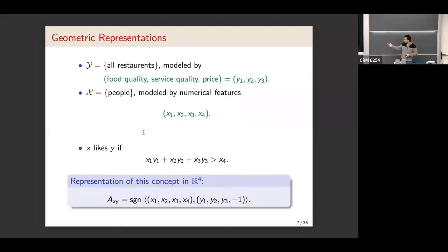Now exactly here, the entry A_xy is just the sign of this inner product, right? If you look at this inner product, it's giving you exactly this equation that you have. And if it's positive, the person likes it. If it's negative, doesn't like it. So we represented this matrix as the signs of these inner products in R4.